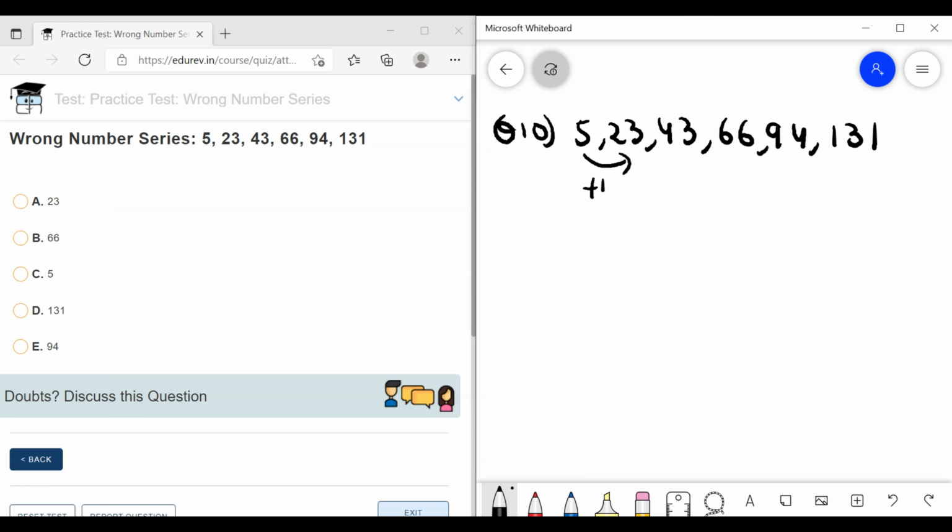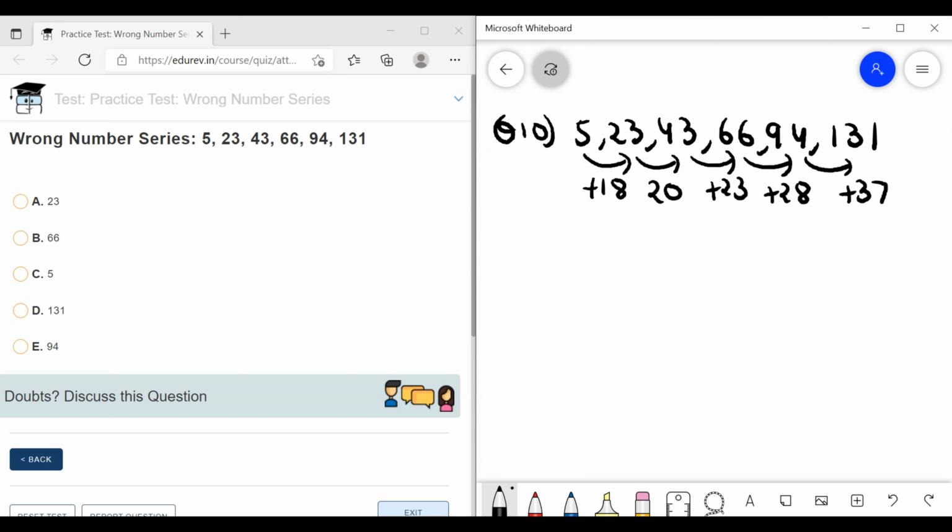We add 18. What about 23 to 43? We add 20. 43 to 66? We add 23. 66 to 94? We add 28. And 94 to 131? We add 37. 18, 20, 23, 28, 37.